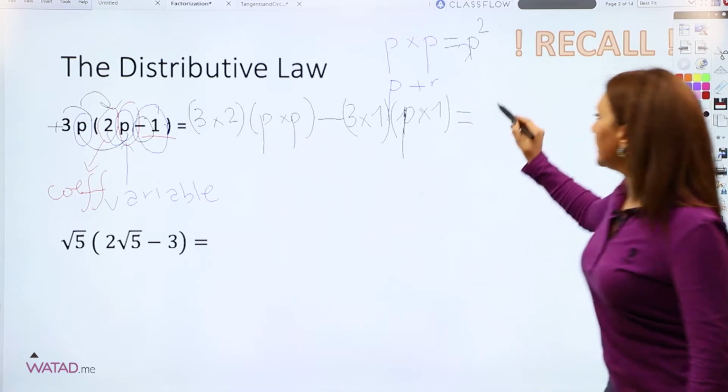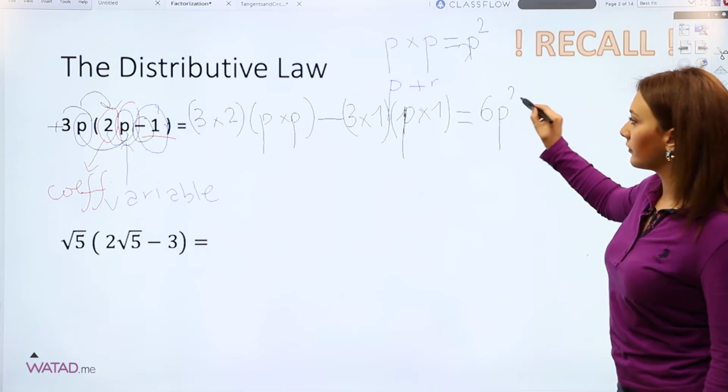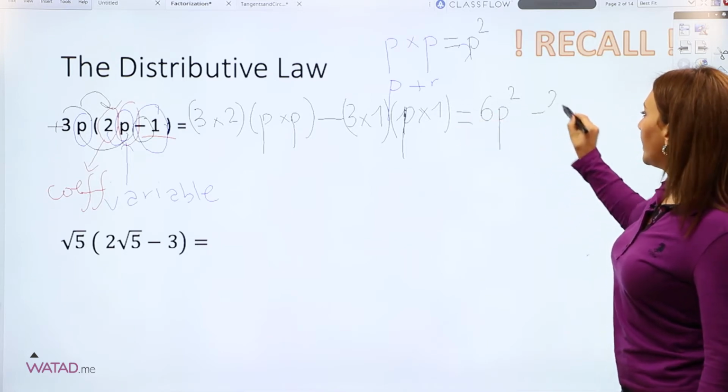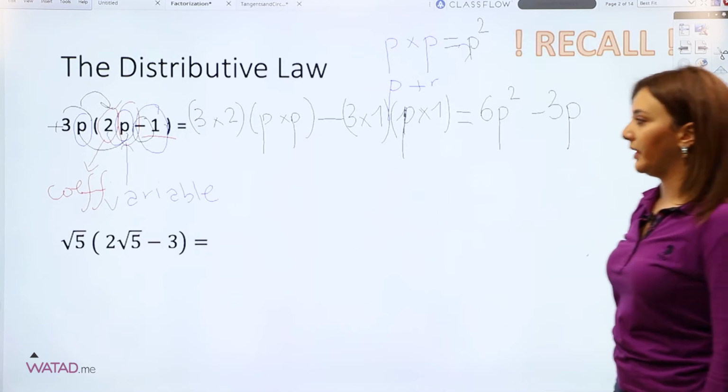Three times 2 is 6. P times p is p squared. Minus 3 times 1 is 3. P times 1 is p.